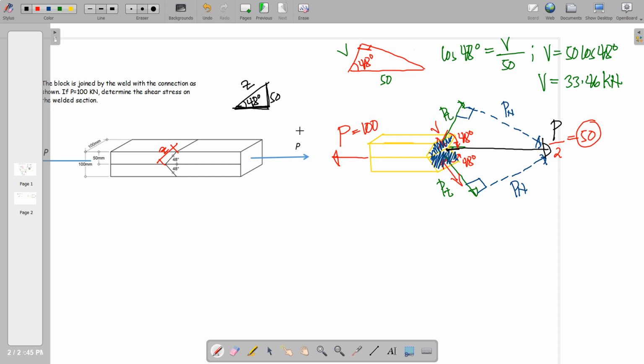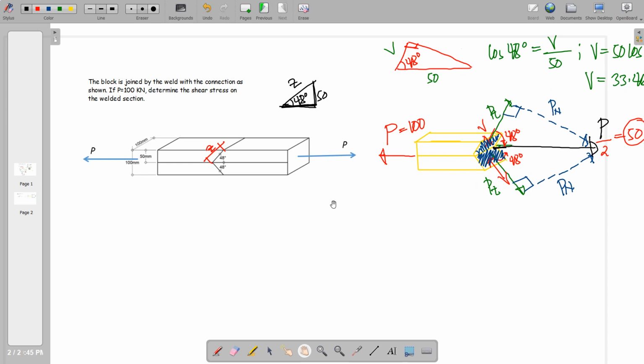So that inclined area, which is the shearing area, is equal to Z times 100. We can derive Z by function of sine.